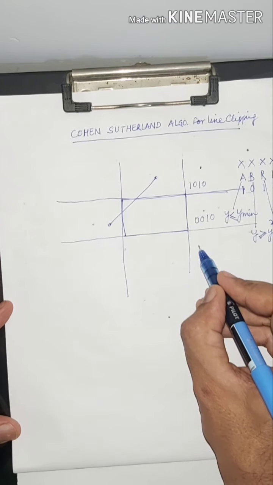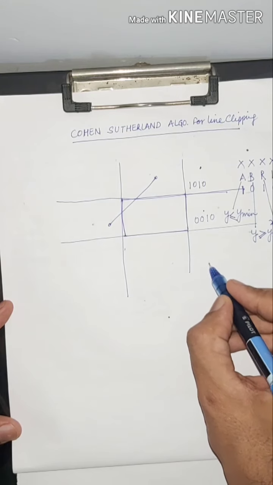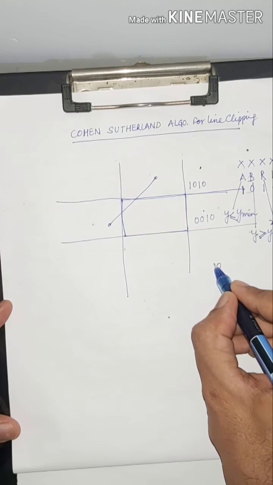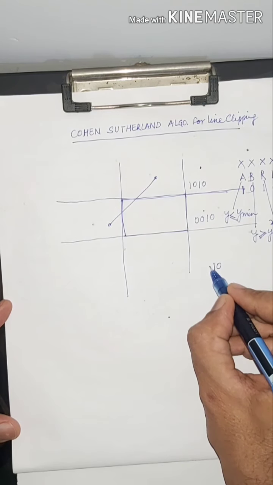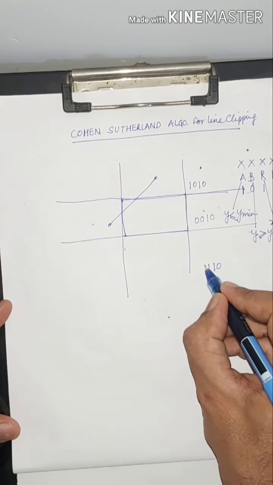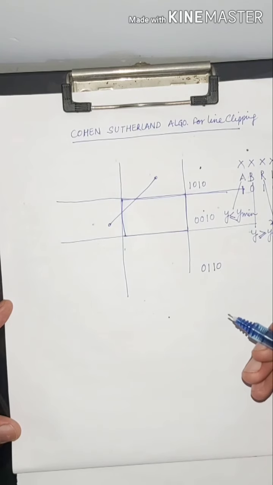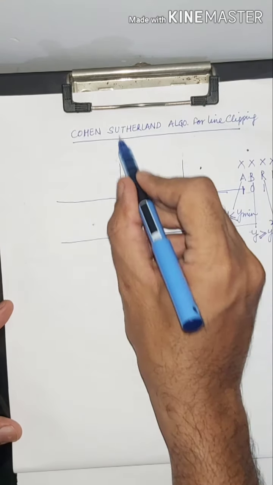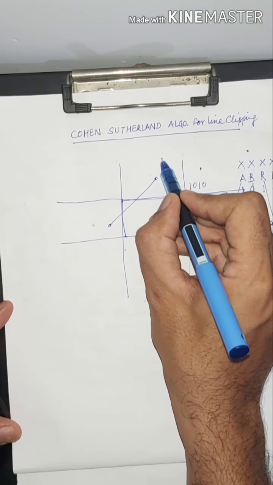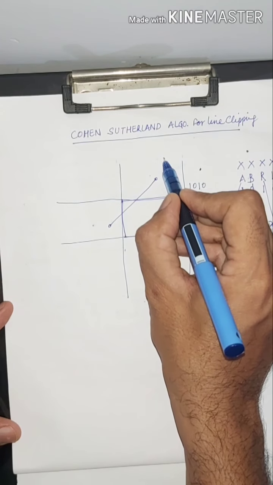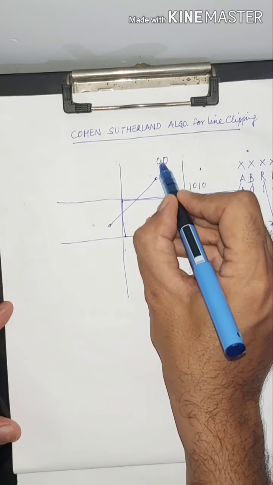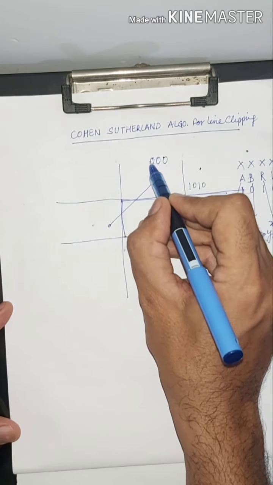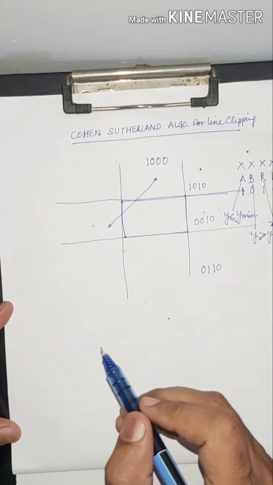And similarly for this area, the region code will be: on the left, no. On the right, yes. Below, yes. Above, no. Similarly, for this area, it is neither on the left nor on the right nor below the window, but it is above the window.